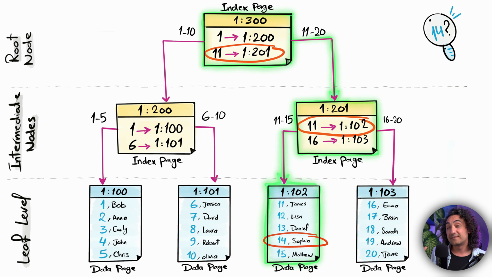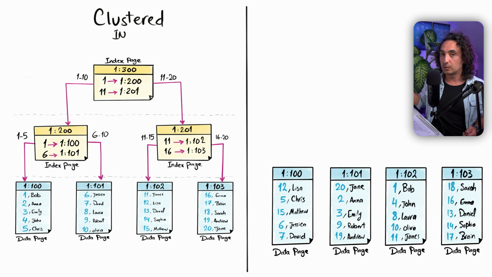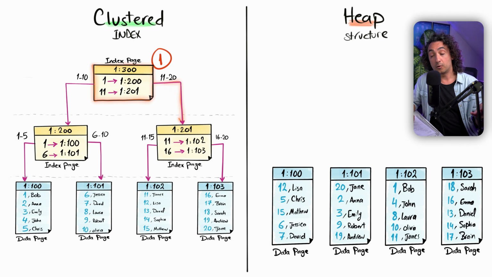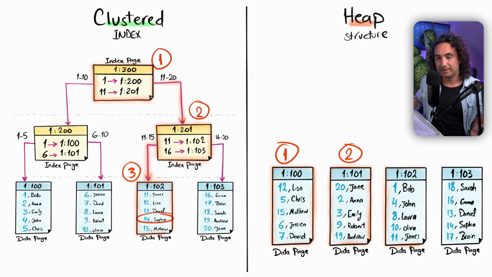So as you can see, it was very fast for SQL to locate the correct data page. With only 3 jumps from the root node to the intermediate node, SQL was able to quickly find the correct data page. And here SQL needs only to read one data page instead of reading, as we saw in the heap structure, 4 different data pages. And of course you might say, but still here we are reading 3 pages.